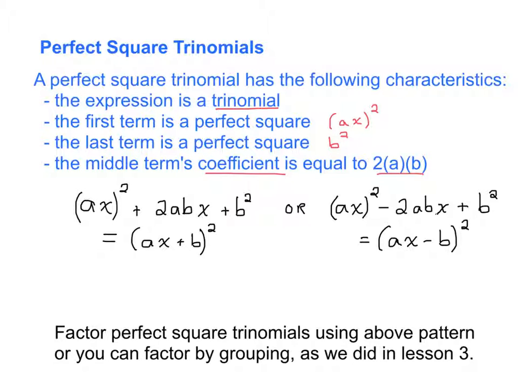When the trinomial meets this pattern, we can just use the pattern to write our factored form. However, it is still possible to factor these perfect square trinomials using the methods we learned in lesson 3, which was factoring by grouping.